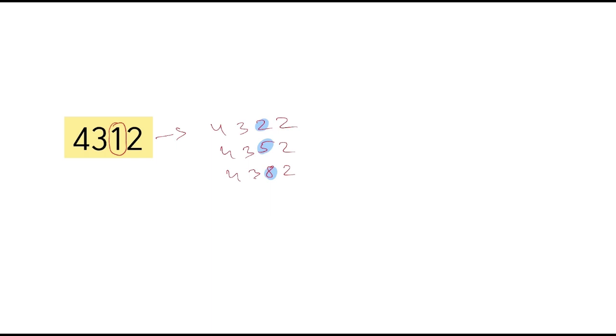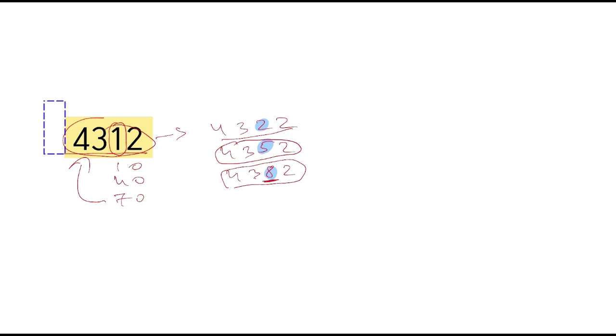So to get this number, I should add 10. Sorry, I actually add 10, not 20. To get this number, I should add 40 to this number. Or to get this number, I should add 70 to this number. So I am adding two digit numbers to increase only the tens place.